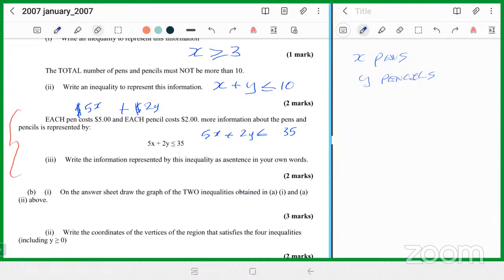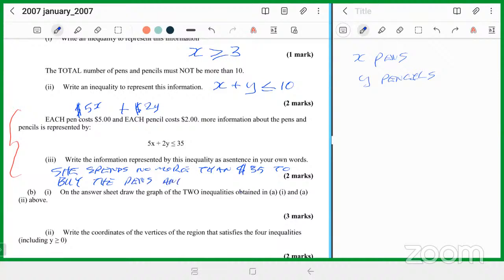So a statement here would maybe be that she spends no more than $35 to buy the pens and the pencils. Anything like that. She spends no more than $35 to buy the pens and pencils.